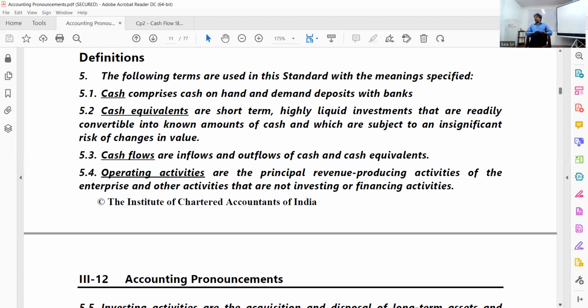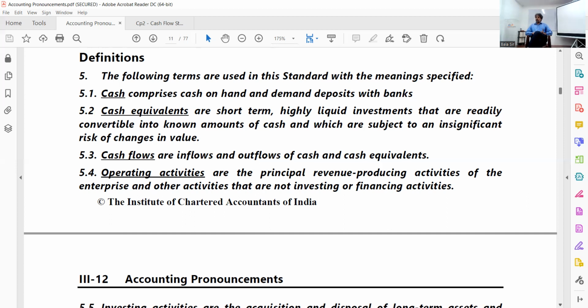Tangible means your property, plant, and equipment. Why long-lived? Basically non-current assets, right? If you want to write an example: property, plant, equipment, trademark, copyright, goodwill, and so on.